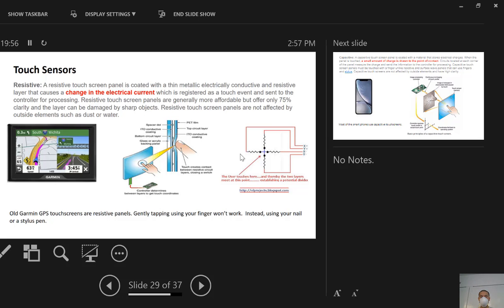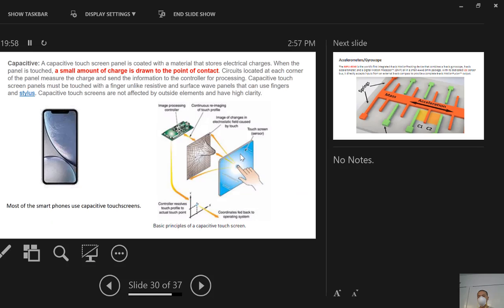The new ones are capacitive touch screens. It senses the moisture, because whenever you touch it, the moisture on your finger, and all your tissue or blood vessels, will change the regional capacitance of the touch screen, which will tell the computer the location of the touch.